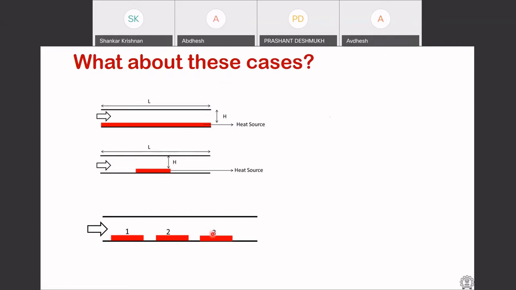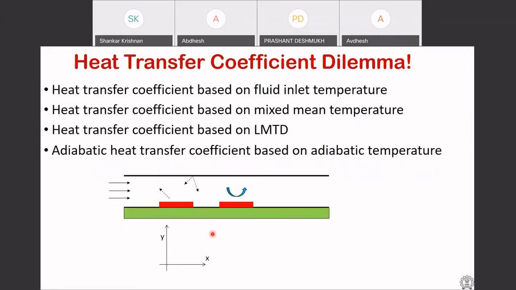So all these cases now give us an opportunity to really improve the concept of the heat transfer coefficient, because the way the Nusselt number was obtained was that it should be invariable.